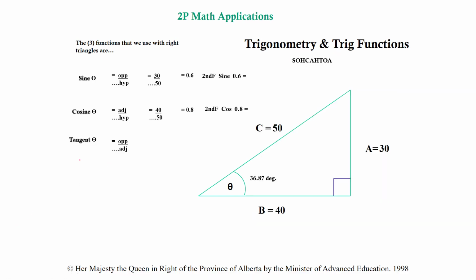Okay, so the last one here, tangent theta is equal to the side opposite of my angle, which is 30, divided by the side adjacent, which is 40. So 30 divided by 40 comes to 0.75.